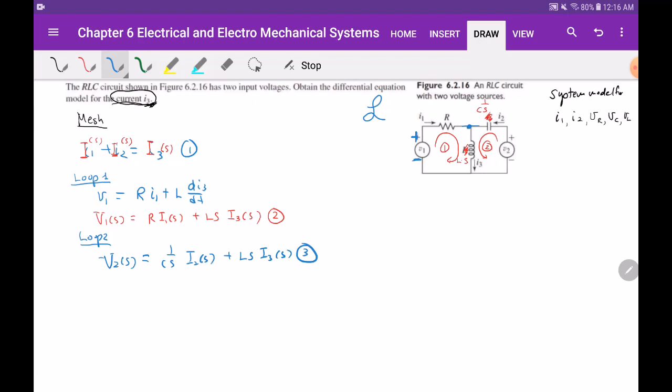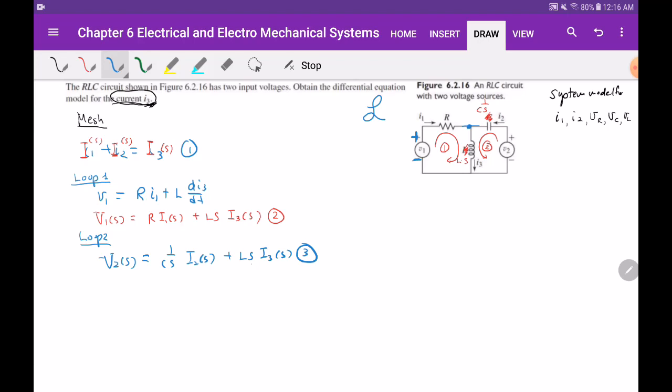Since I didn't give you any numbers, I'm going to have to solve them by hand. If I gave you numbers, I think you'd still have to do it by hand because of the S. You can't get rid of the S's. So why don't we get rid of I3? No, let's not.